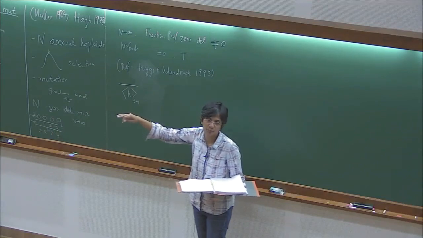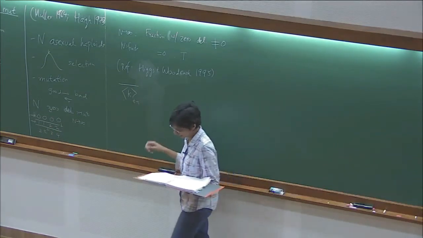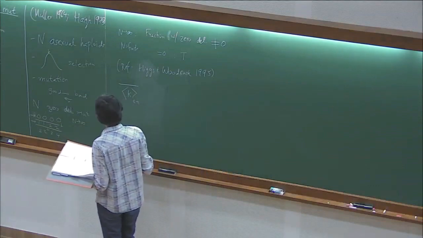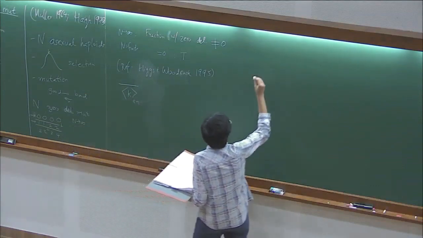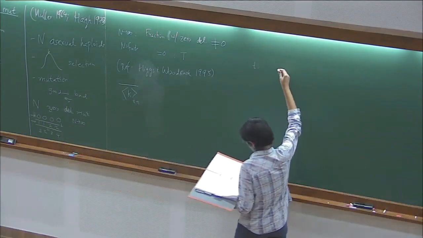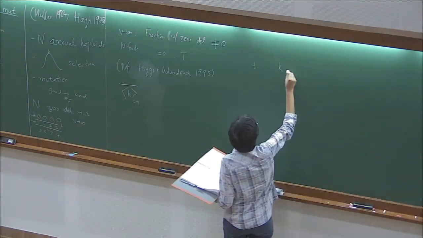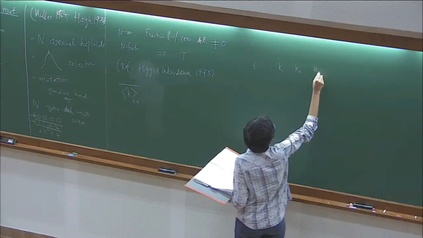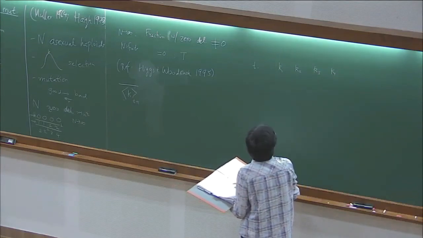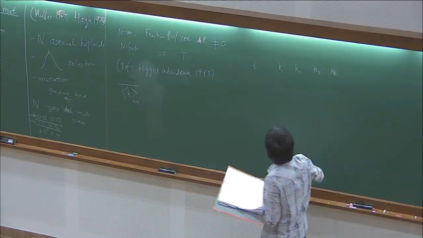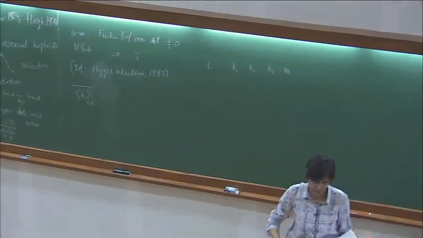Just keep that in mind. I want to write an equation for this quantity. Suppose at generation T, I had these four individuals.